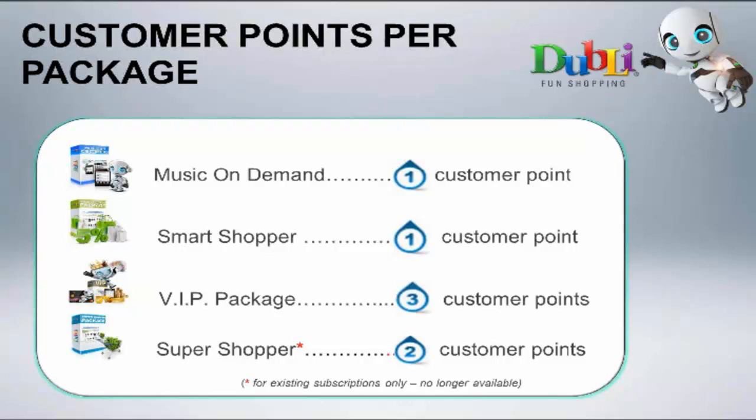The VIP package is worth 3 customer points to you. And the Super Shopper package is only for existing subscriptions, it's no longer available for customers to subscribe to. So unless you already have customers on the Super Shopper package, it won't apply. But if you do, then a Super Shopper package is worth 2 customer points to you.